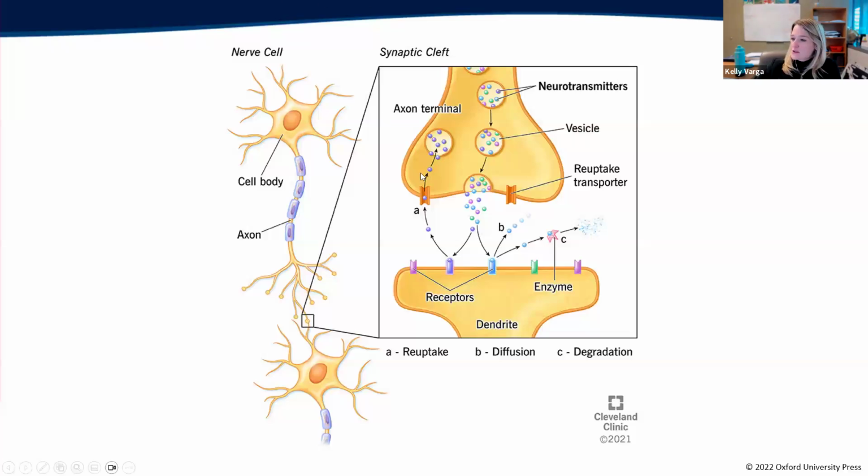Again, as we can see down here at my synaptic cleft, at my terminal, this little foot that looks like a little foot, notice I don't have any more myelin.